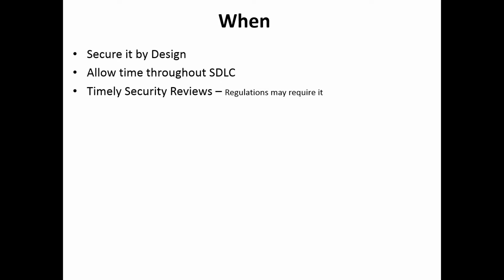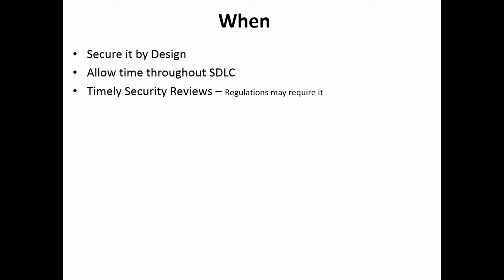And then, when do we bring the security into DevOps, right? I would say secure it by design. Bring the security into your pipeline. Make it part of your pipeline design. Allow time throughout the SDLC. And of course, many industries have regulations for timely security reviews, right? I'll talk a little more about what timely means if DevOps is continuous.